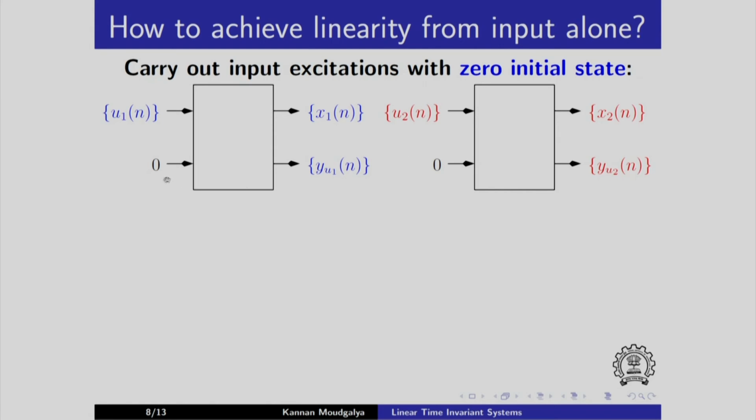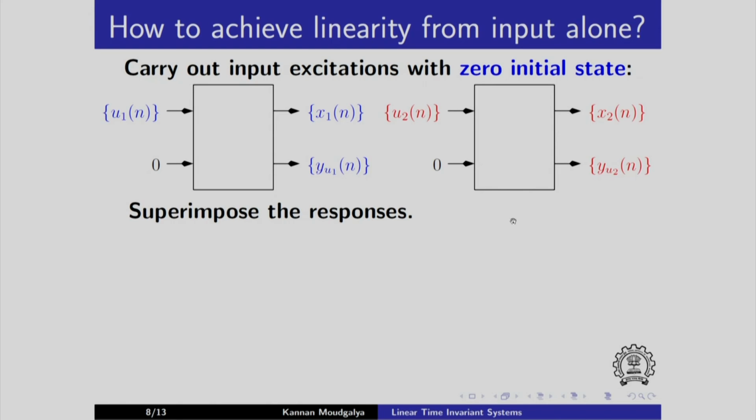Remember, the initial state, however, is at n0. The initial instant is n0, we are starting the experiment at n0, but the state is 0 to start with at that instant. I give one input, I get this output, I give another input, another experiment on the same plant, I get another output.